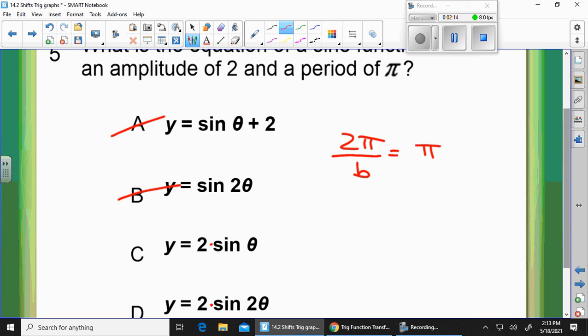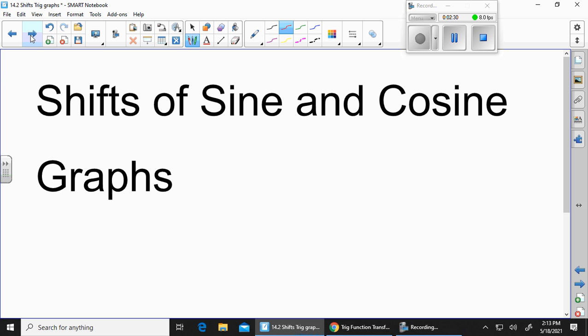If I took 2 pi divided by 1, it would be 2 pi. If I take 2 pi divided by 2, it would be pi. So B is 2. My answer is D. Those are the types of questions you would have to start on an ACT.